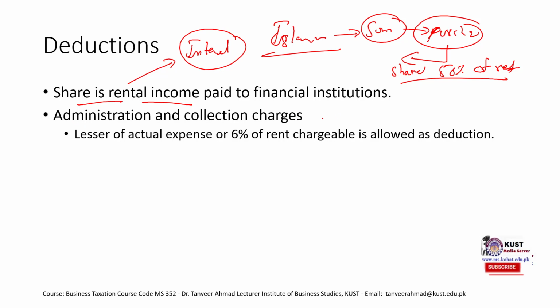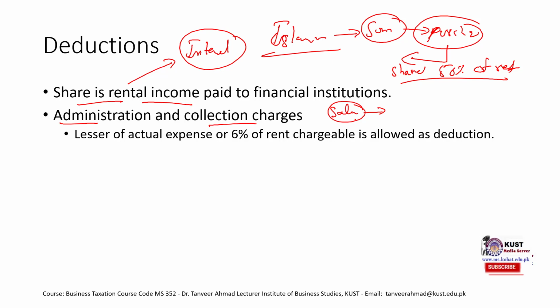Now companies normally have a lot of properties and they would incur certain administration or collection charges. For example, they would hire a person to whom they would pay a salary who would be responsible for maintaining the property or collecting the rent from those properties.